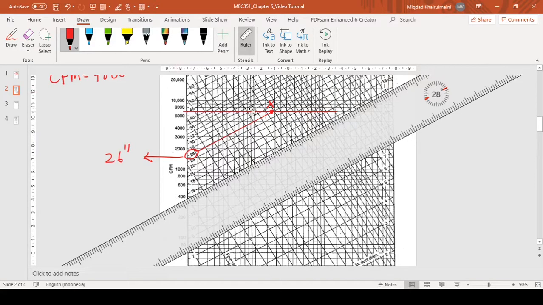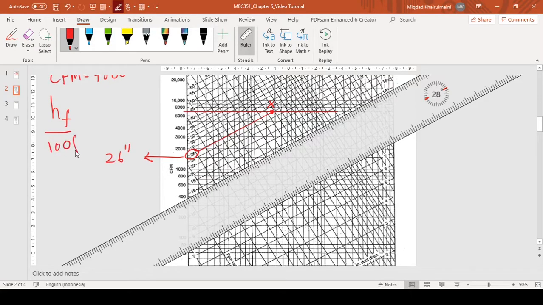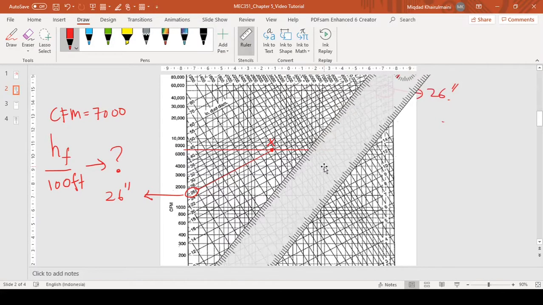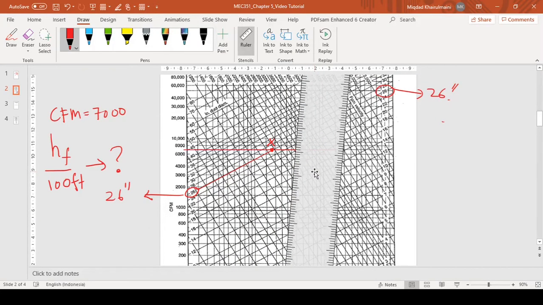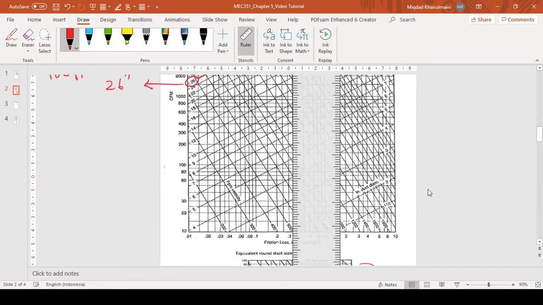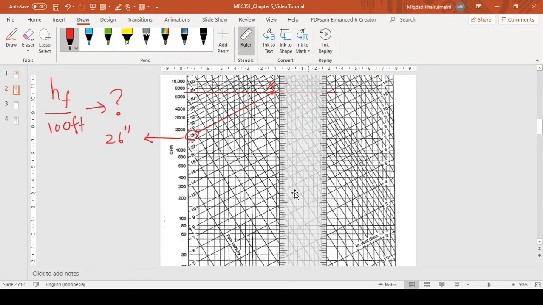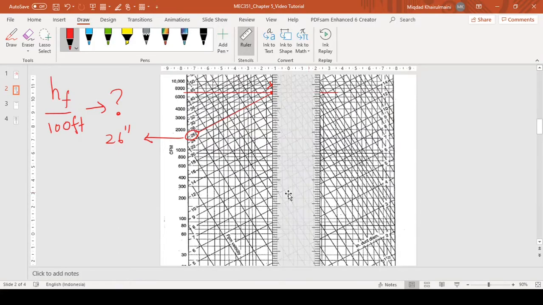Now using this intersection point, we want to read the value of HF per 100 feet. So we have to draw a straight line to the x-axis, which is at the bottom here. Using our ruler, make sure it's as straight as possible.